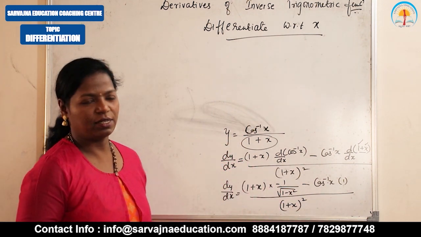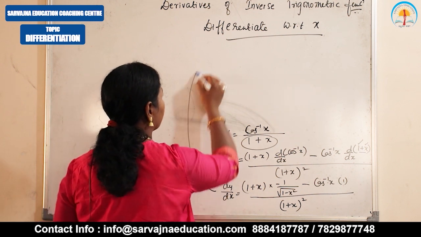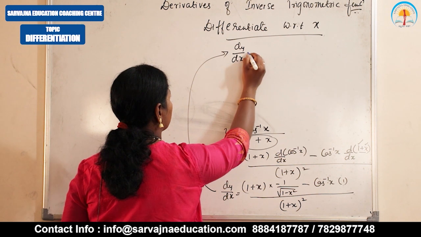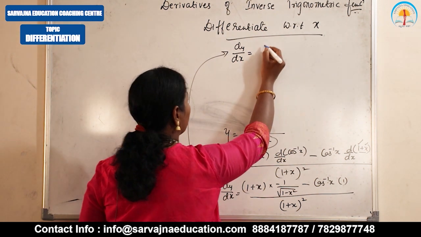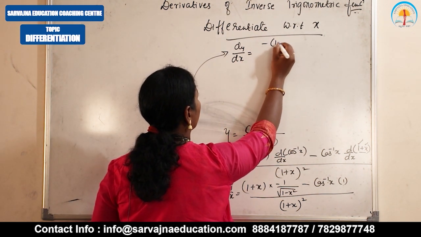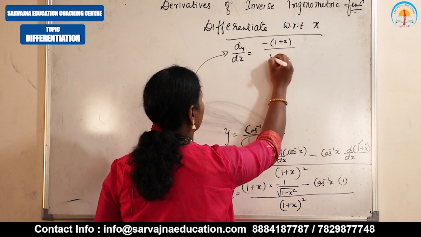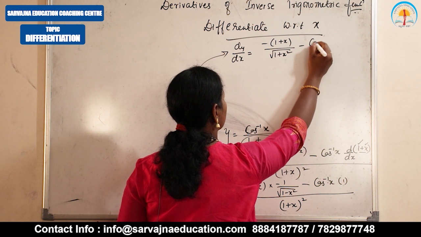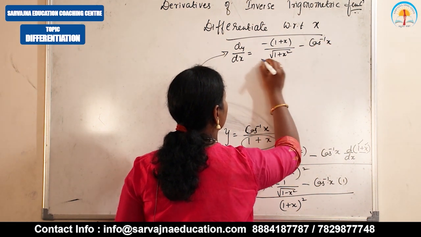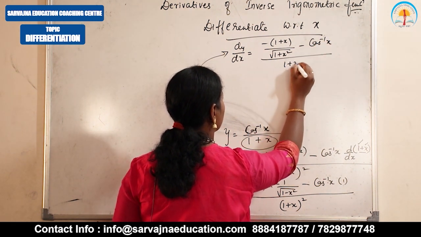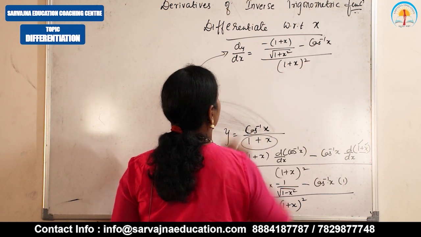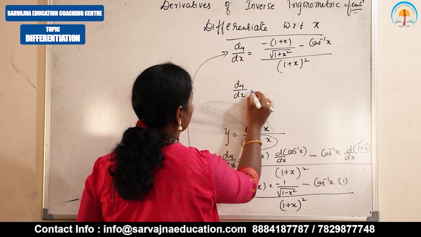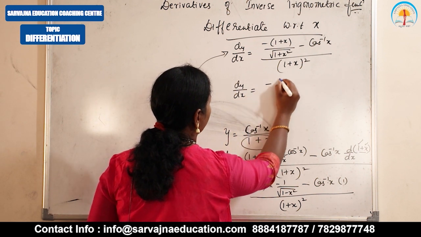We have to simplify it. dy by dx is equal to minus of 1 plus x divided by root 1 minus x square, minus cos inverse x divided by 1 plus x whole square. dy by dx is equal to minus of LCM.